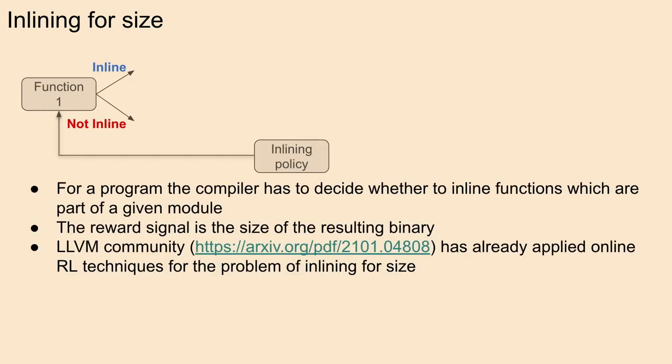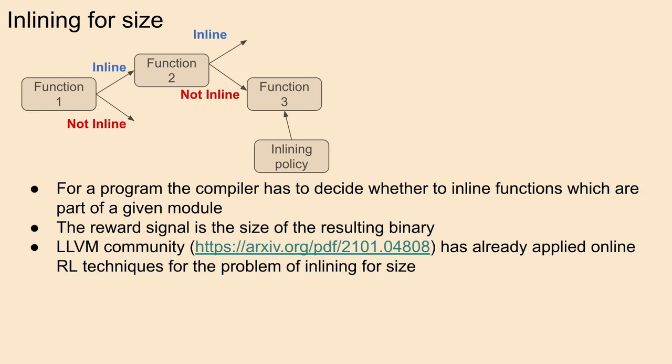Okay, how would a typical RL-trained inlining policy work? Well, we have a program that consists of multiple functions. The inlining policy gets to the first function and decides it wants to inline the function. Okay. It inlines the function, it moves on to the second function, it again has a decision to make to inline or not to inline.